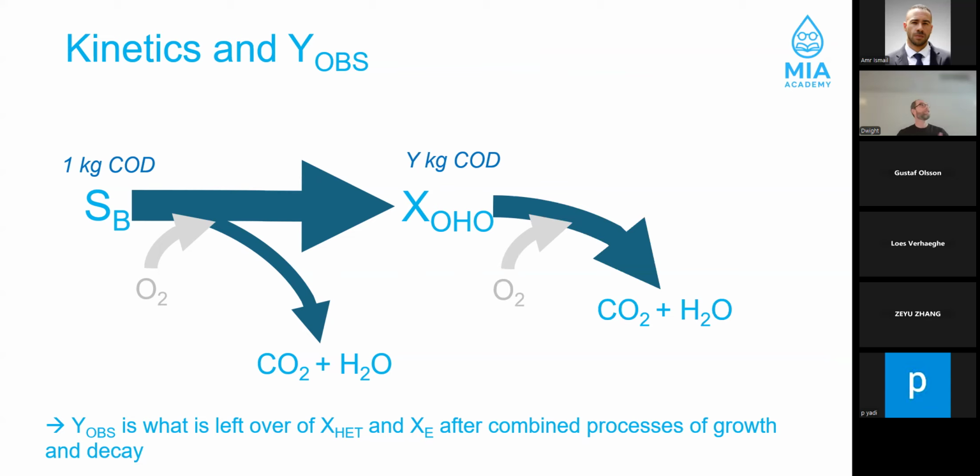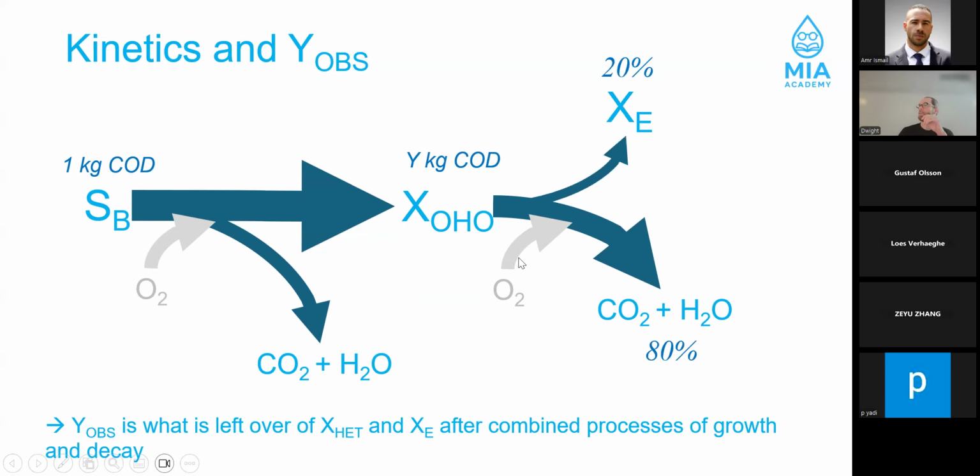They need to continue generating energy, even in the absence of substrate, to maintain their osmotic pressure across their cell membrane. And so in the process of doing that, they're decaying themselves by using oxygen over here.